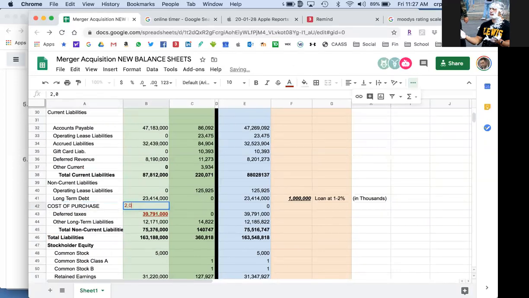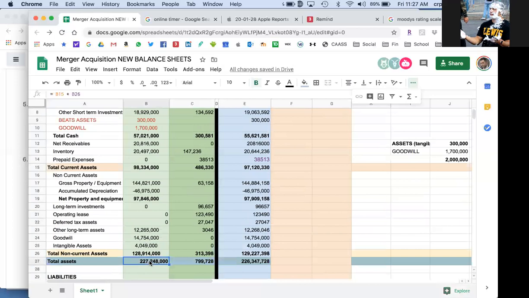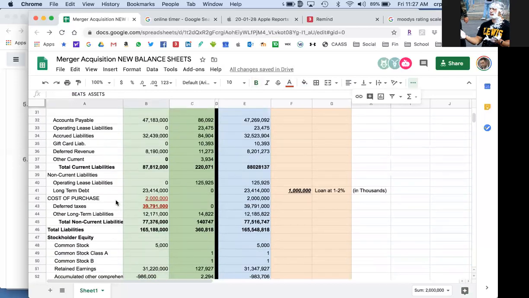So you would have to, cost of purchase is $2 billion. And now if you look again, all of a sudden 227248. The balance sheet is still balanced. So you added $2 billion in assets, you added $2 billion in liabilities, and now you own Beats.